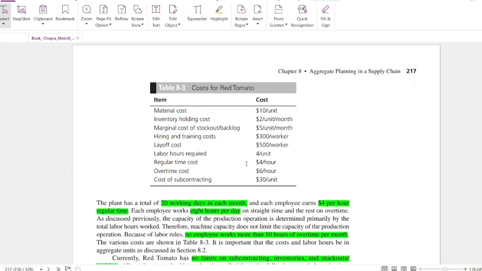Regular time cost is $4 per hour. Overtime cost is $6 per hour. Cost of subcontracting is $30 per unit, which means we have a subcontracting facility, and in that case I have to pay $30 per unit.